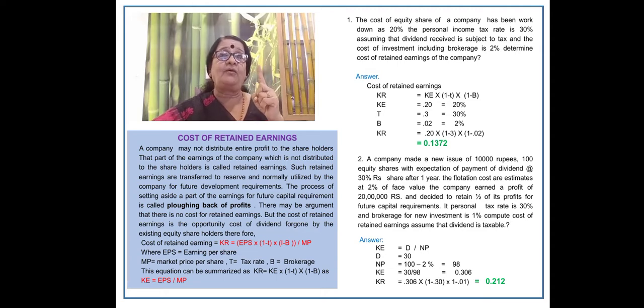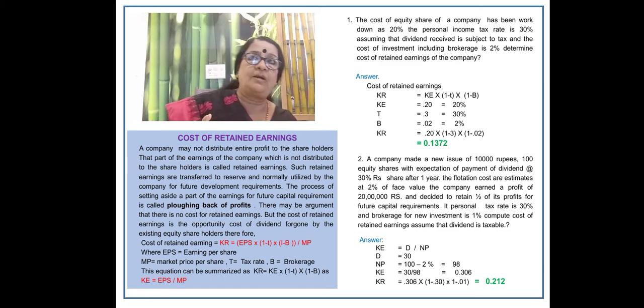In the first session I explained that there is explicit cost and implicit cost, and the implicit cost refers to this opportunity cost. For the computation of cost of capital, implicit cost is very important. Here, to find out the cost of retained earnings, we are thinking about the implicit cost of capital.